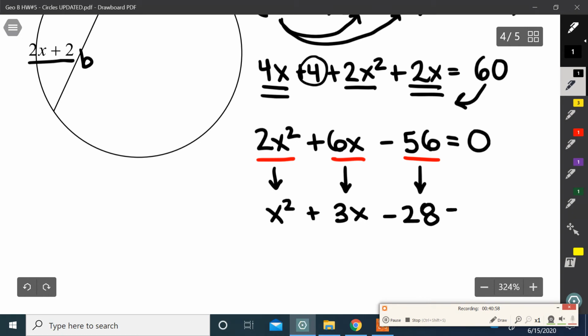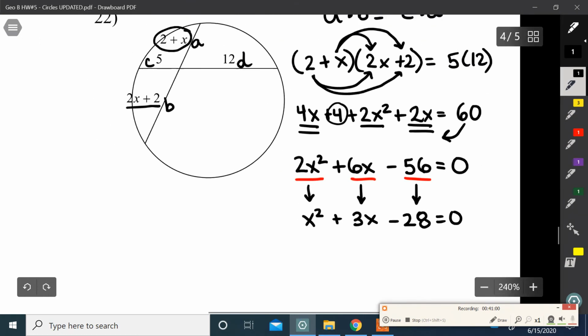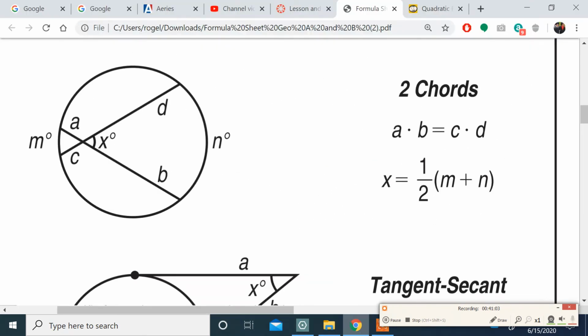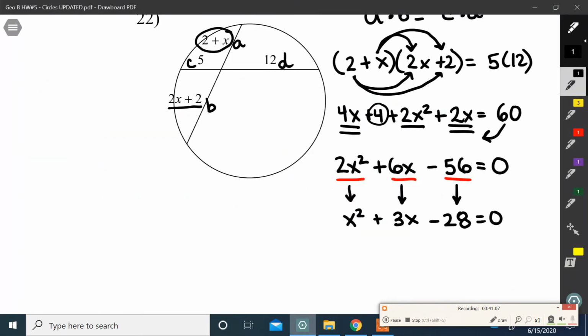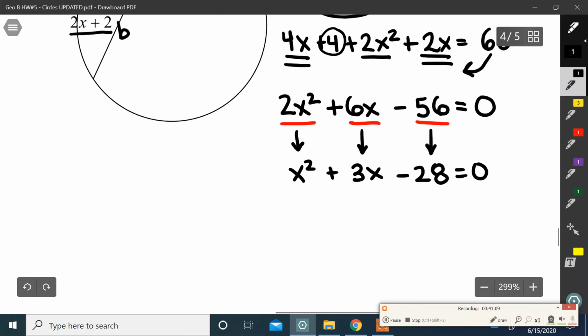28. Now, like I said, you can use this thing right here, but I feel like it's a lot easier on this one specifically to just use factoring, especially if you're pretty good at factoring.